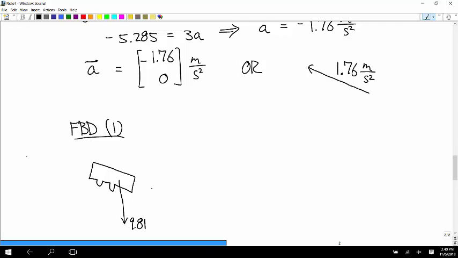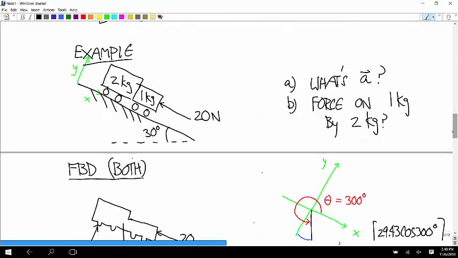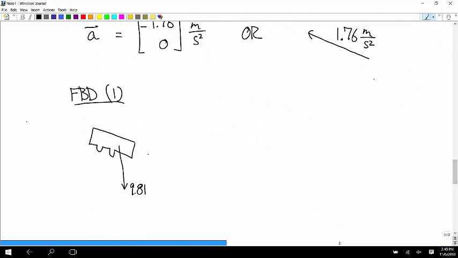And then that 20 Newton force is acting on the boundary of the 1 kilogram. And so we have to put that in there. So that's 20.